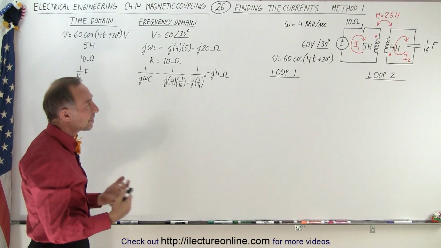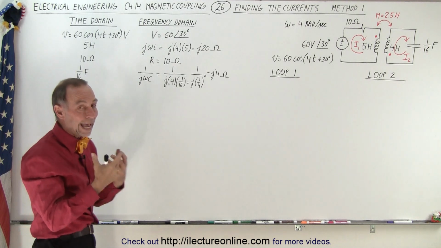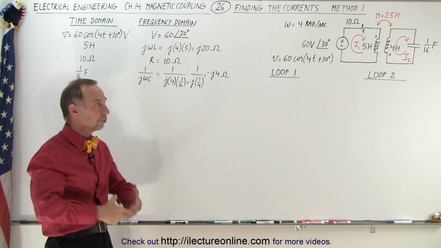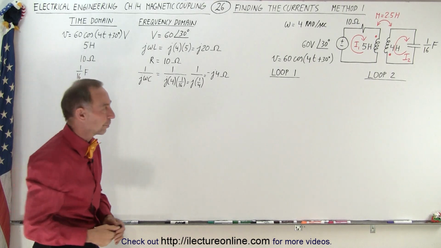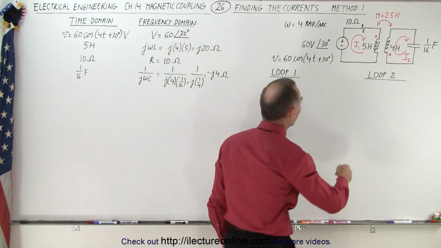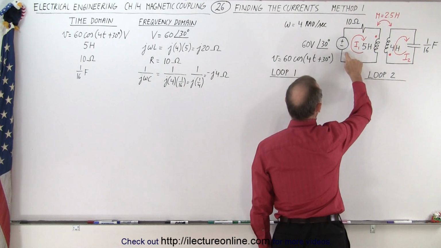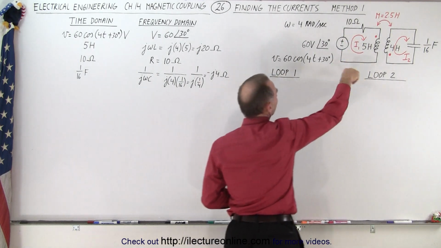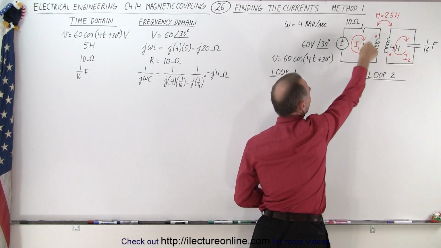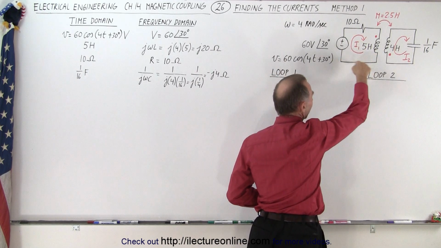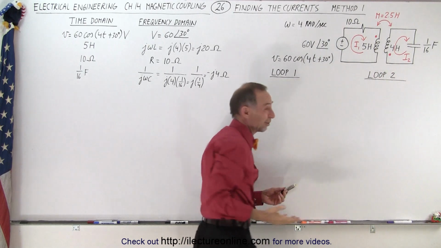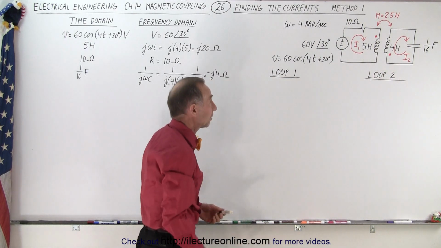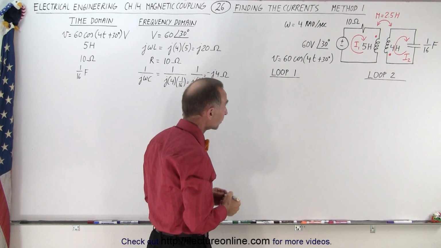So now we use KVL. We're going to go around the loop and add up all the voltage rises and all the voltage drops. It's the way that I prefer to solve a circuit like this. Starting in this corner, I go across the voltage supply, in loop 1, in the direction of the current I1, which we decided was clockwise. You could do it counterclockwise, it really doesn't matter as long as we stay consistent.